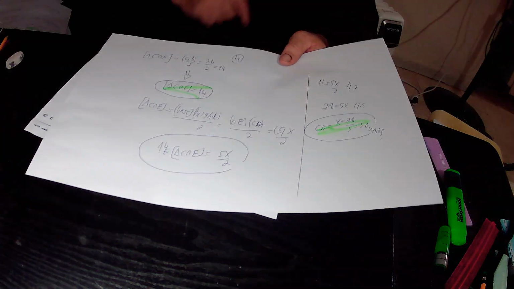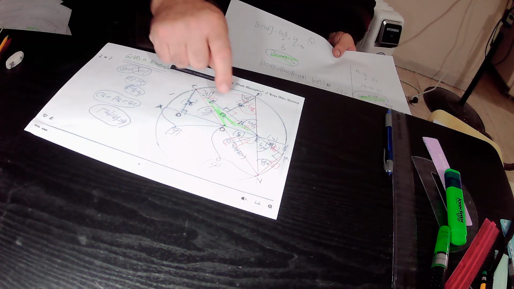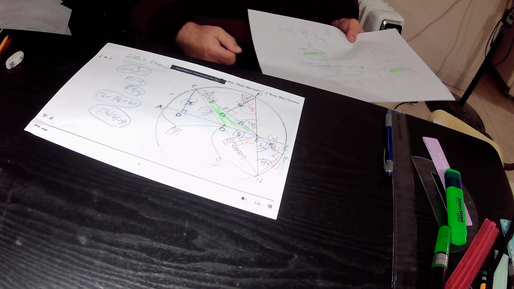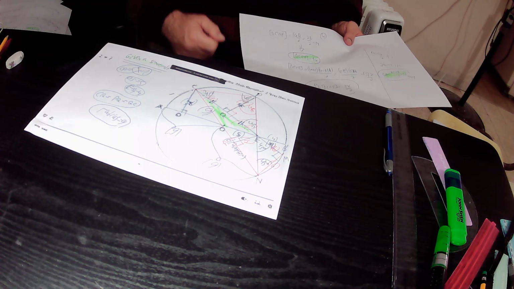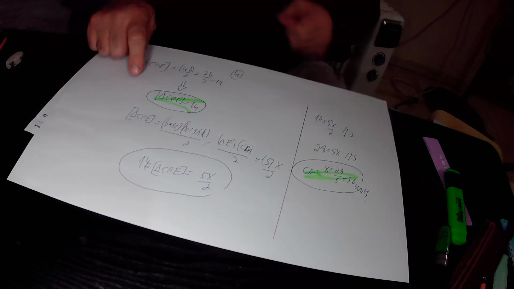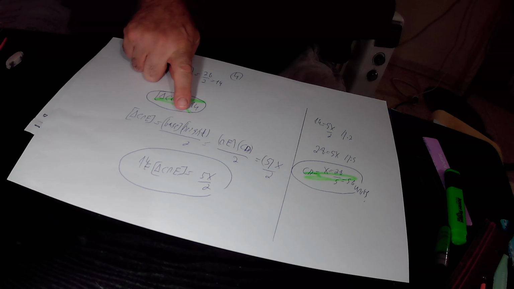In the next step we calculate the area of this green triangle COE according to the equation that says that the area of a triangle equals the base times the height over 2. So the area of the green triangle COE equals the base times the height to the base over 2.